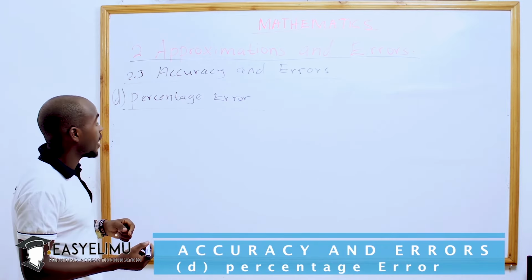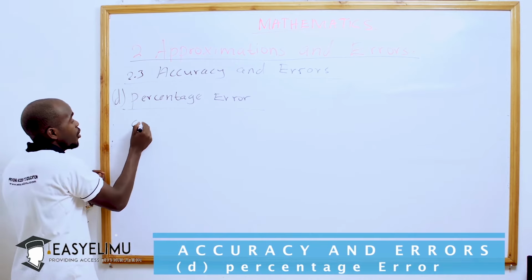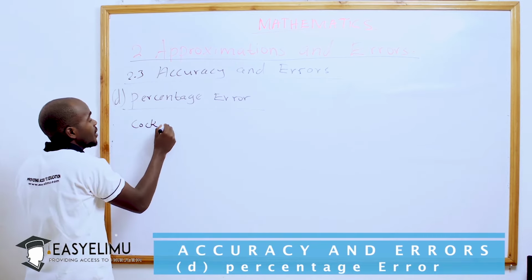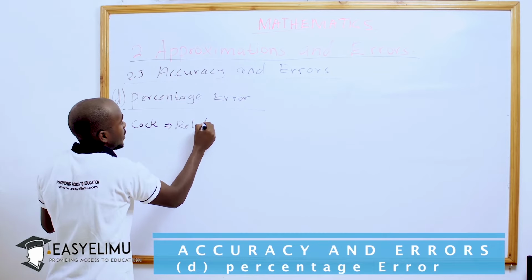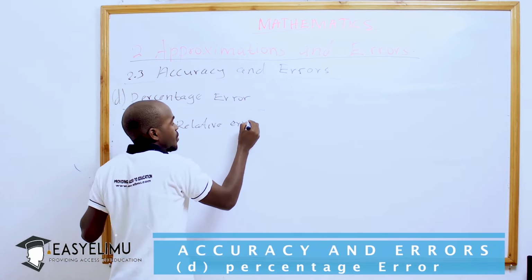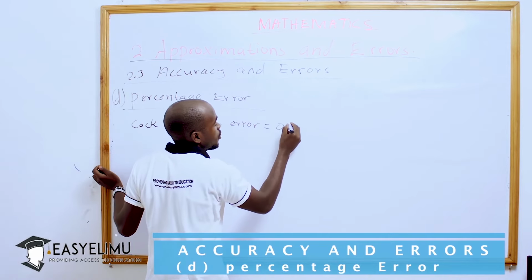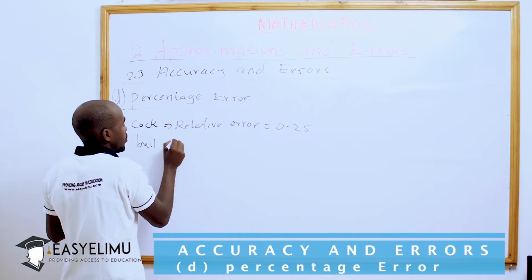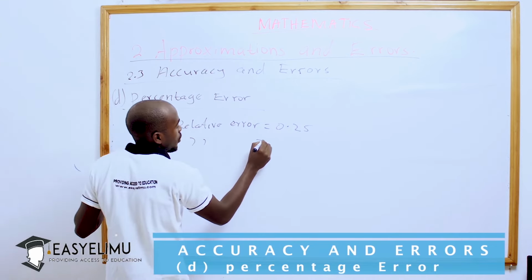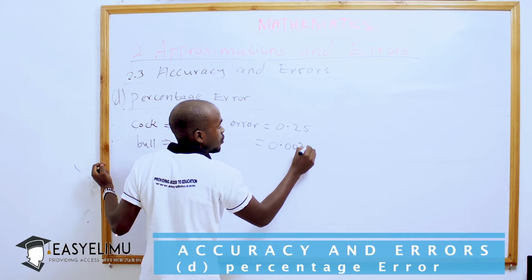So in percentage error, for the cock for instance, we found the relative error to be 0.25, and for the bull, we found it to be 0.0025.